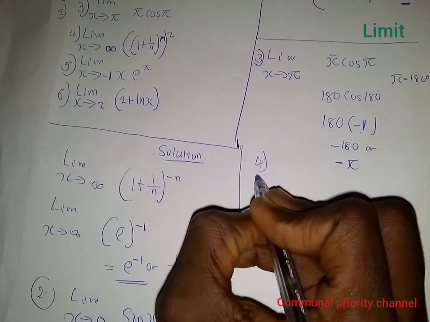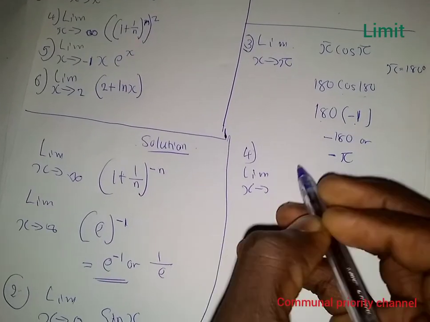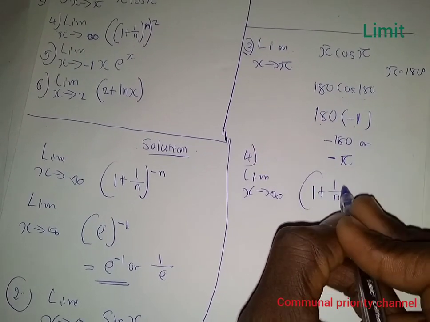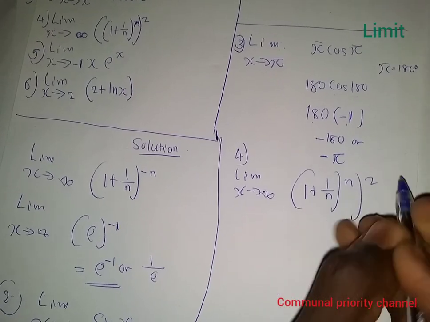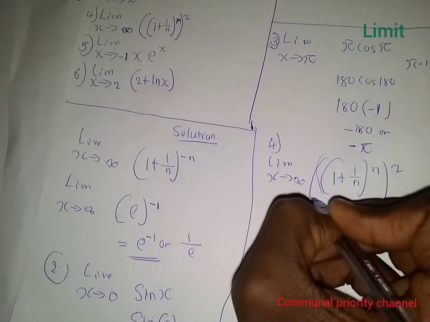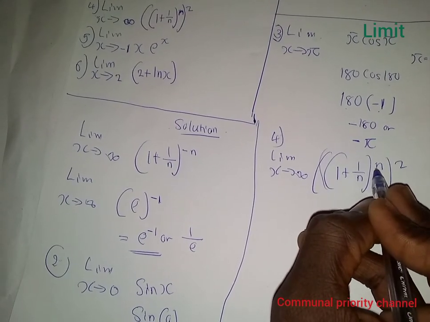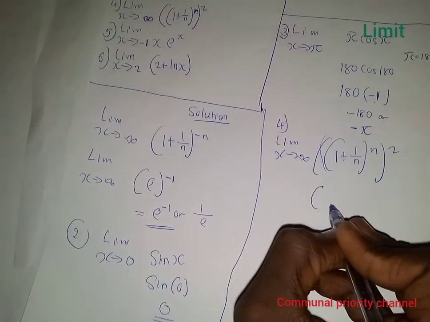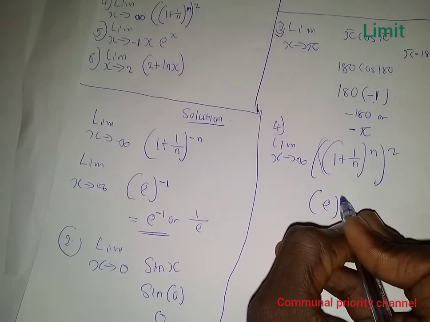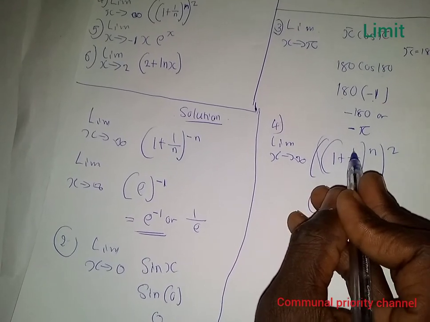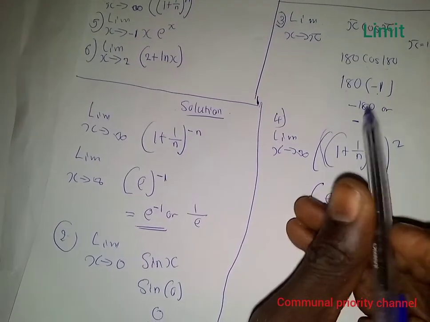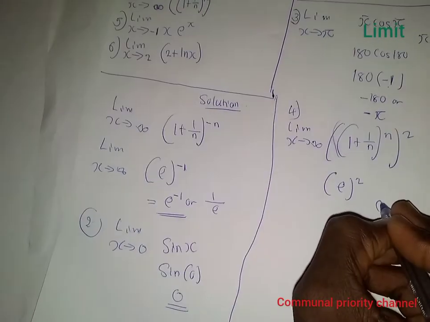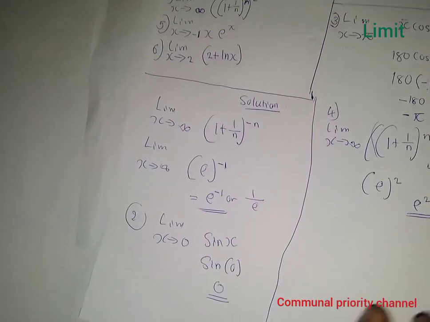So we can just say open bracket infinity close bracket square. Infinity square is just infinity square. This is our final answer for number 4.